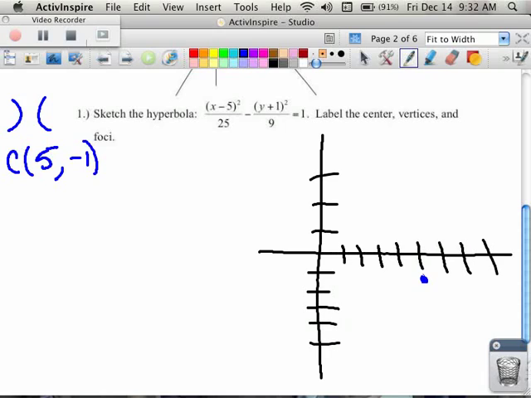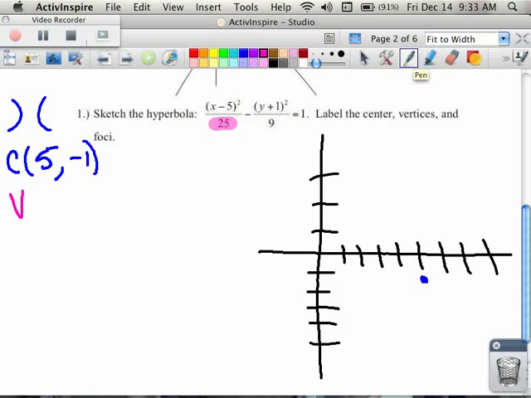Now, after you get done with your center, you're going to find vertices. Hyperbolas, unlike ellipses, do not have covertices. They just have vertices. That's it. Like a parabola. There are no covertices. So next I find my vertices. The way that I find my vertices is I look at whichever parentheses was positive. In this particular case, my x parentheses was positive. So I look underneath the x thing, and I see the number 25.